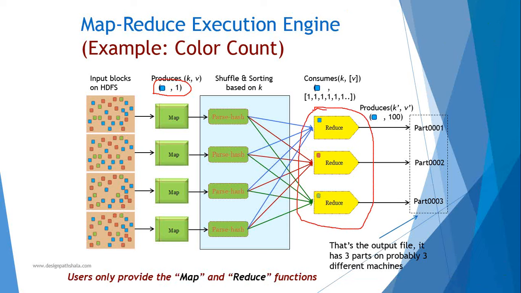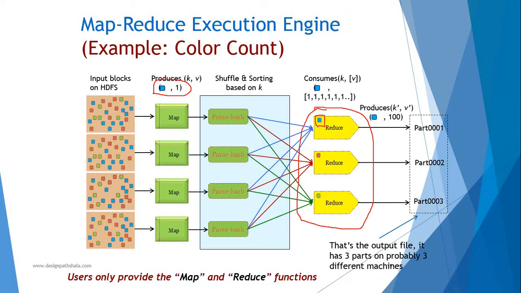So if there are 100 reducers created in this example, that does not mean that blue might go to some other reducer also. That will always go to the reducer which is catering to the blue key. So if one mapper has sent a blue key to this reducer, all the other mappers will be ensured to send all their blue keys to this reducer only.